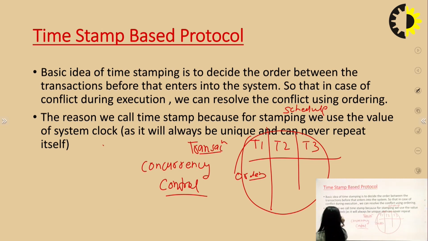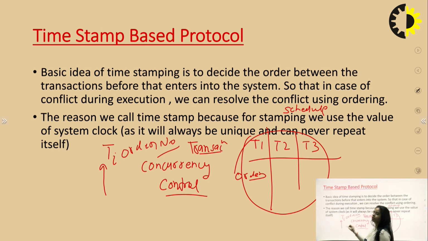Whenever we have a transaction Ti enter into the system, we assign an order, a sequence number, to this transaction Ti. This order, this number, is known as the timestamp or stamp of a transaction. This is the idea of the timestamp based protocol: whenever a transaction enters into the system, we assign it a number, an order, a stamp.